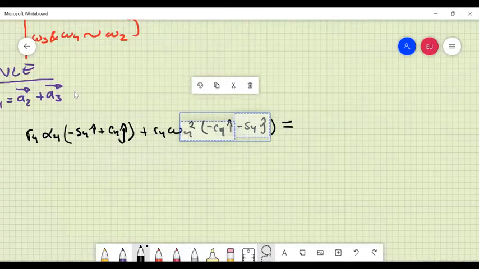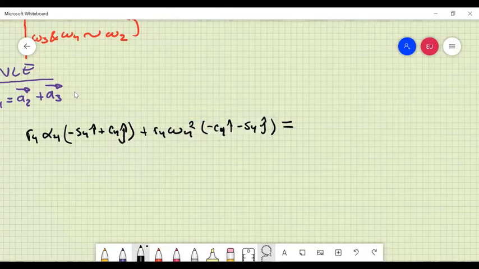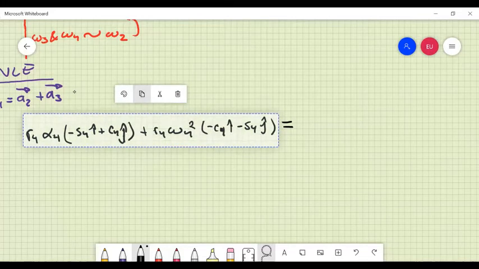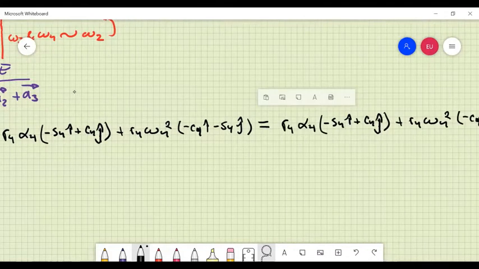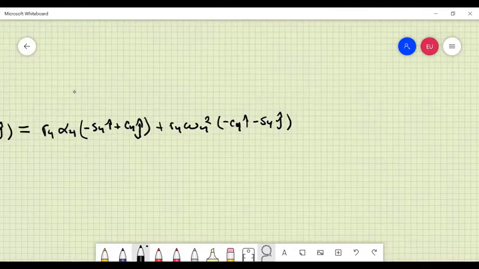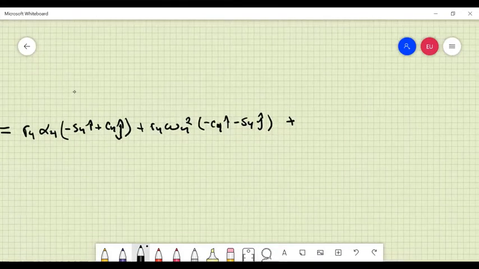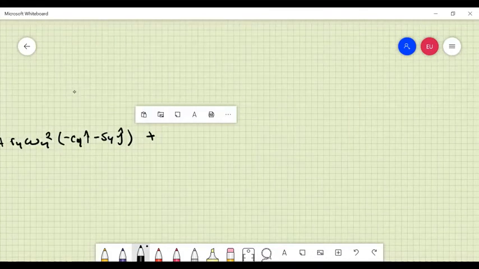So I'll see if I can cheat. Copy this, put it here. Beautiful. Plus, and I'm going to change the subindex in a second.